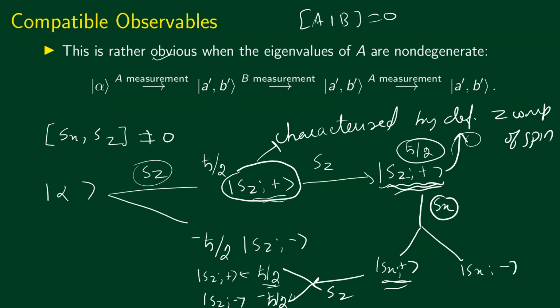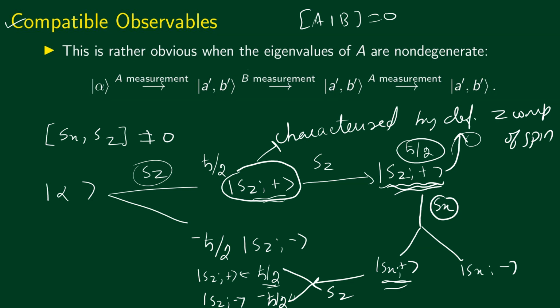So this is the case where the observables are not compatible. Here, what we have discussed earlier is the case of compatible observables. So I think it's easier to compare these two cases. If the observables are compatible, then the measurement of one observable does not destroy any previous information regarding the other observable.